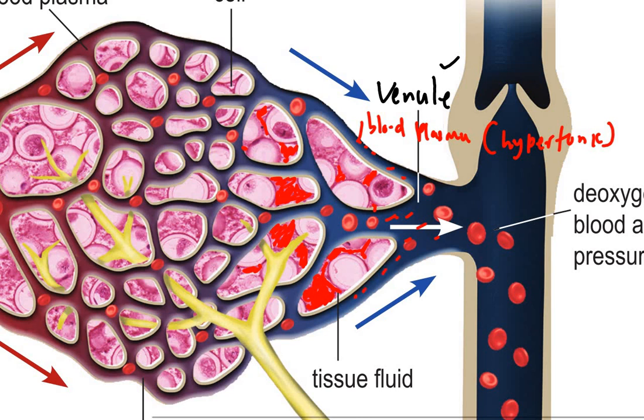Here the blood is also at low pressure, lower than at the arterial end. This makes the reabsorption of water, salts, and waste take place in the venule capillary, because of the hypertonic plasma compared to the tissue fluid. So the water will move or be diffused by osmosis.